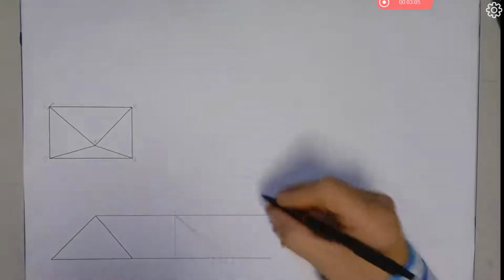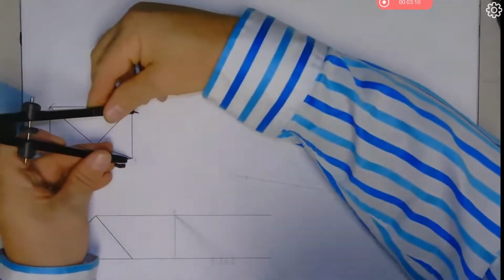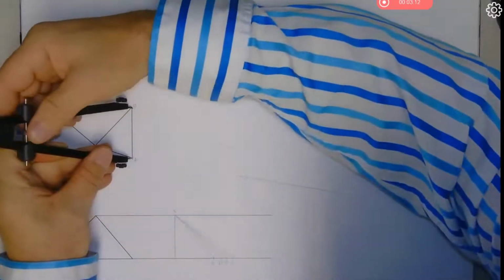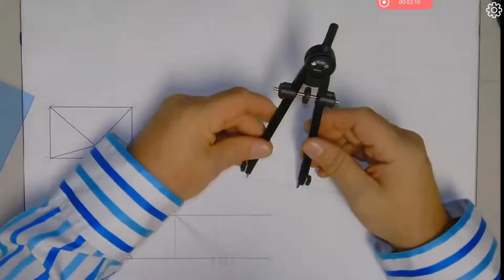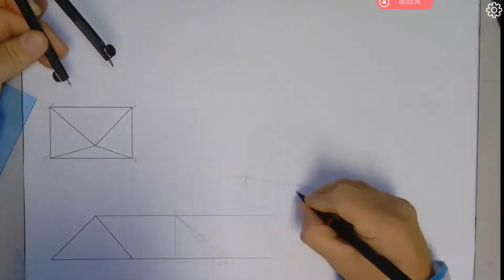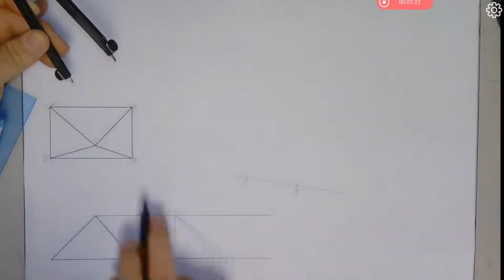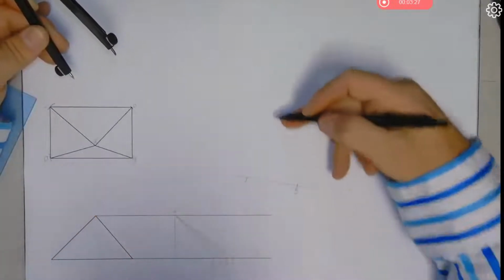And of course that's not the right length, so I'm going to give myself a start point. I'm going to measure A and B. So the line AB is this line. It is A and B. Now from A to X, we'll have a line, and then from B to X, we'll have a line.